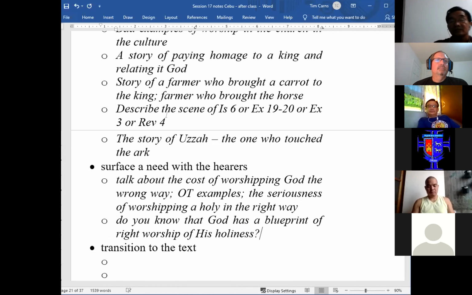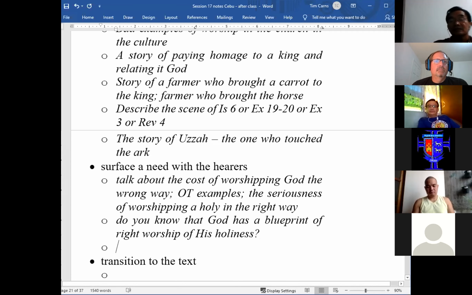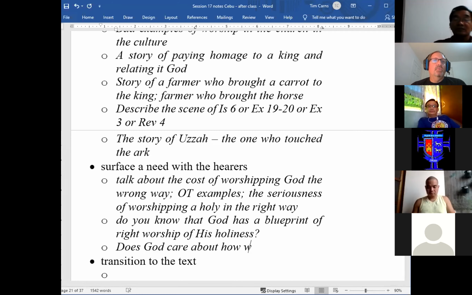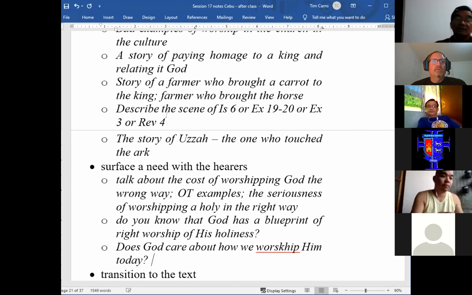I start by asking if they really know that God has put a blueprint of right worship based on his character. Yeah, that's good. You could even ask, does God care about how we worship him today? Or does he care about how we approach him?